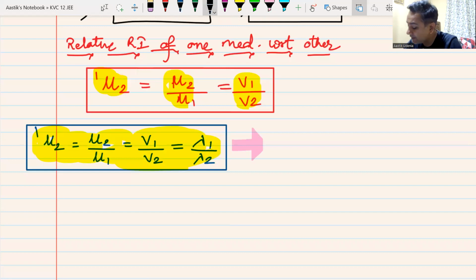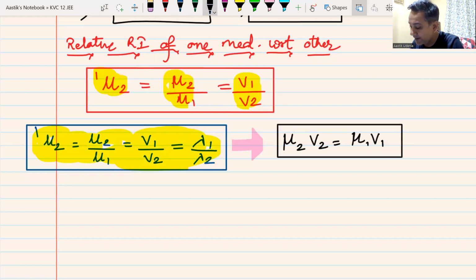That's the beauty of physics, my dear friends. So what I do here is, I can write mu2 into v2 is equal to mu1 into v1. Yes or no? I can write in this form, right?